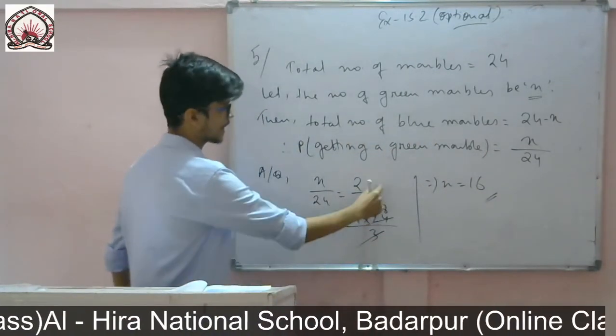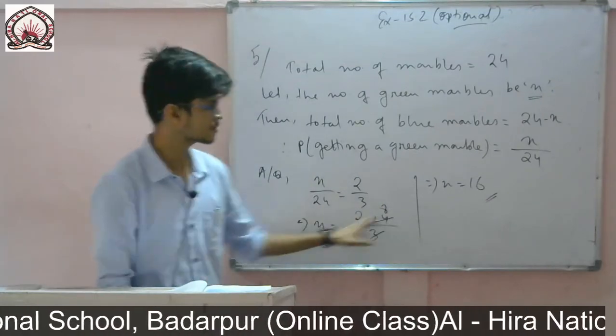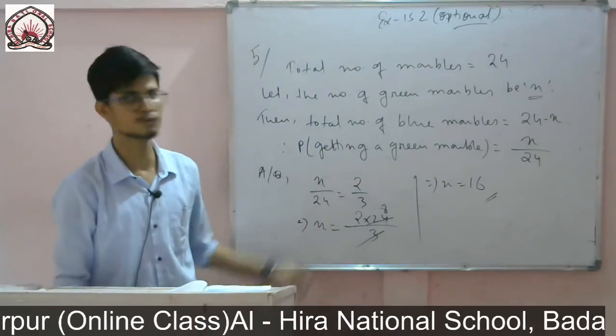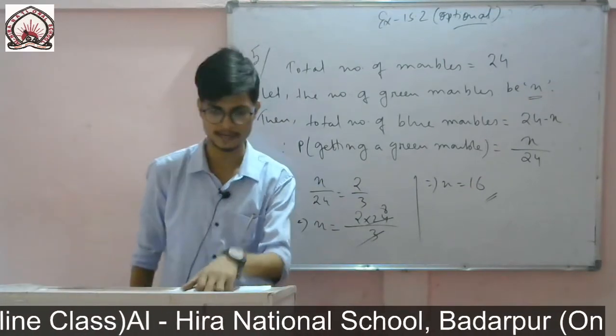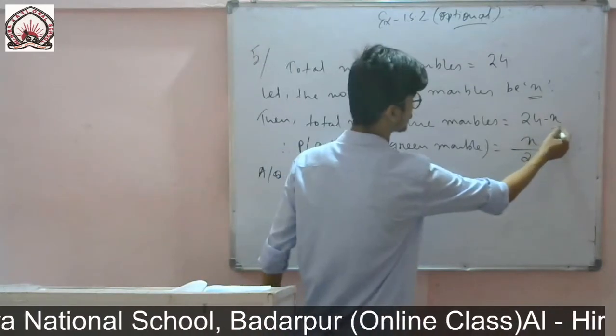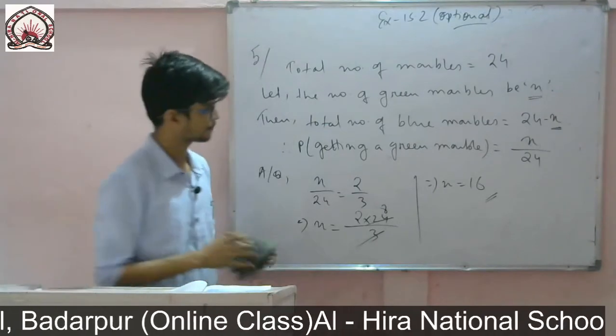This 24 I have transposed it here. So 3 8s are 24, 8 2s are 16. So the value of x is 16. So now the question is not to find the value of x. Question is to find the number of blue balls in the jar. So I will put the value of 16 here, and I will find the number of blue marbles.